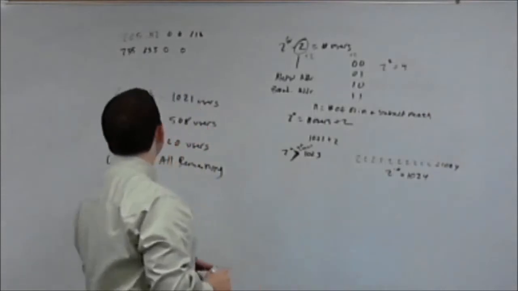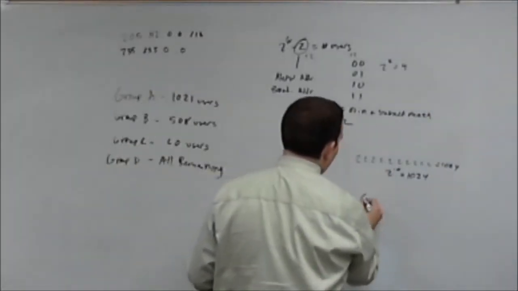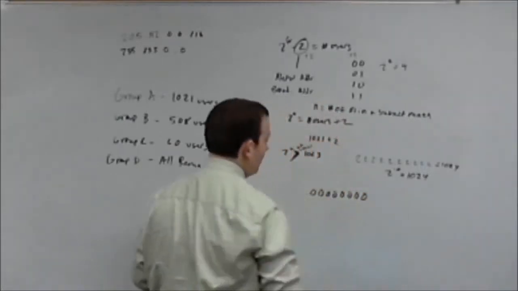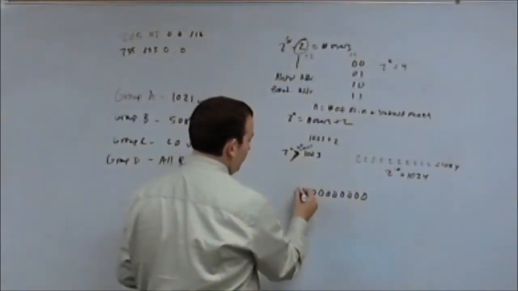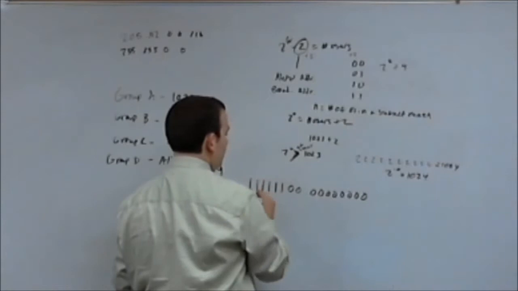So, we can construct our needed subnet mask backwards. So we need 10 zeros. 1, 2, 3, 4, 5, 6, 7, 8. There's our first octet, backwards. Then we need 2 more zeros. 1, 2. And then the rest are going to be 1s in this octet.